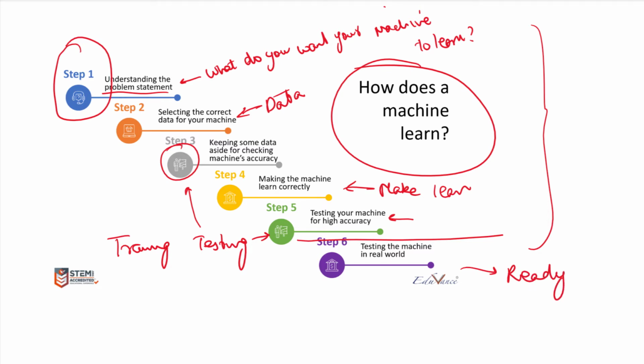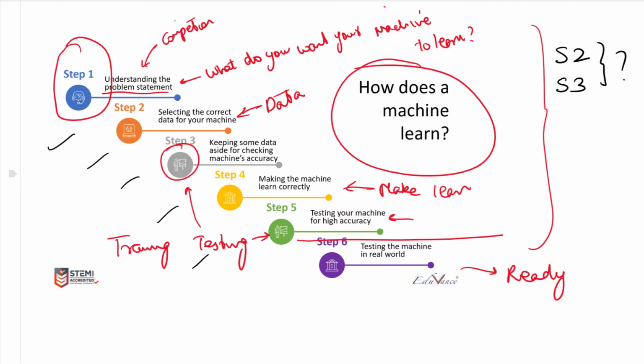Now, let me ask you a question. When I was describing step 1, step 2, step 3, step 4, step 5, are you able to remember some concepts from session 2 and session 3? Are you able to remember something there? If you remember, our human was also doing something similar, where in step 1, the problem statement was the competition, if you remember.